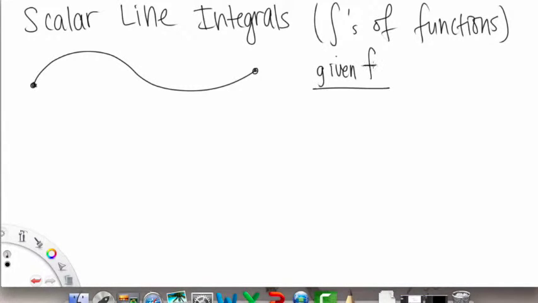So given an f, and then basically at each point, your f takes a certain value, right? And what the scalar line integral does is it adds up all of those values along your path, okay? So let's say we have this long path here, and we're going to do what we've done before with integrals, apply Riemann sums, and break it up into little intervals.